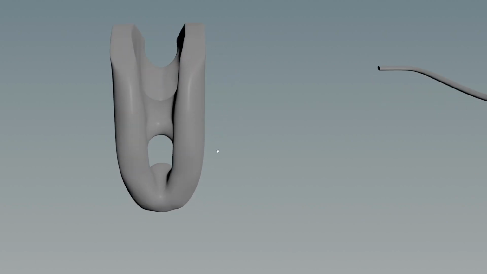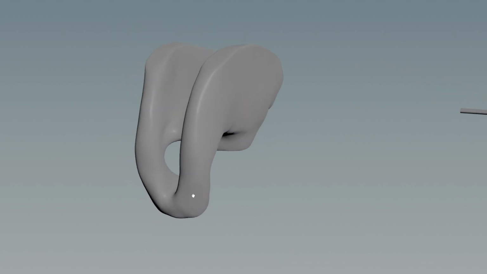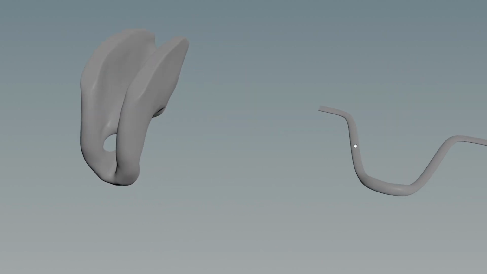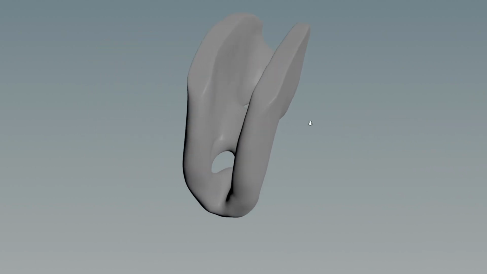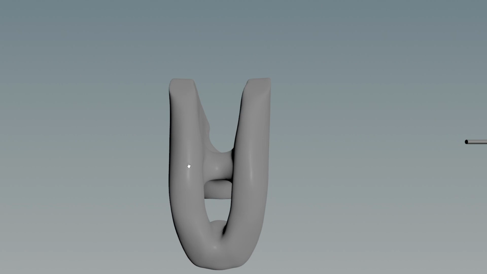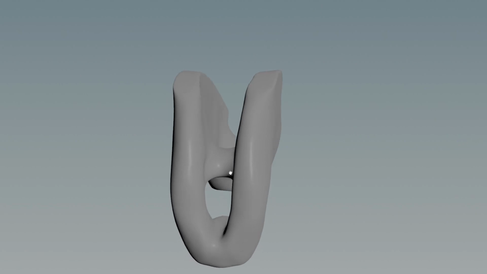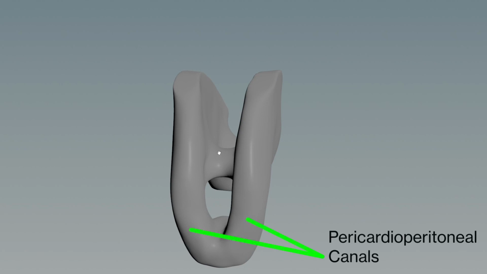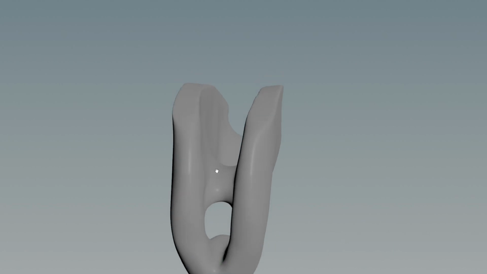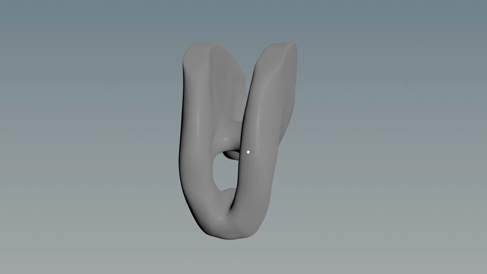Finally, if we look between the developing abdominopelvic cavity and the thoracic cavity, we have two extensions corresponding to these two columns of our early intraembryonic coelom. And these tunnels are connecting the thoracic cavity with the abdominopelvic cavity, and they're called the pericardio-peritoneal canals, because our pericardial space forms in here and our peritoneal space forms in here, and that's where the name comes from.